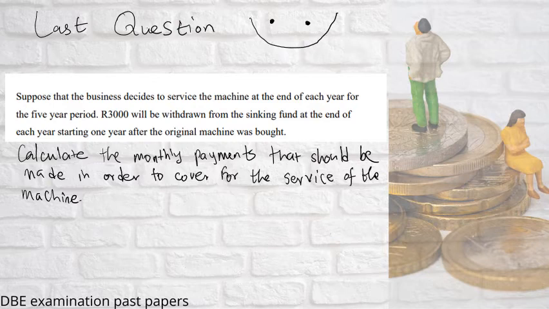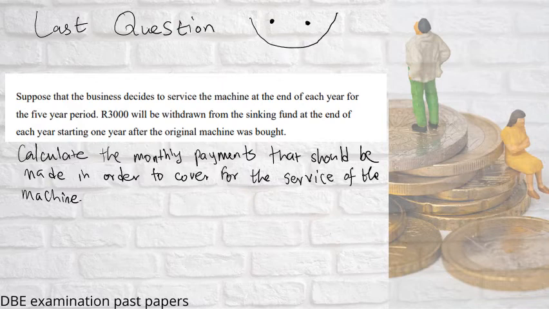So 3,000 has to be withdrawn from the sinking fund, in order to pay for what? For the service of the machine. So let's calculate how much the company should be paying monthly in order to also cover the service of the machine. You can see that 3,000 is withdrawn at the end of each year.